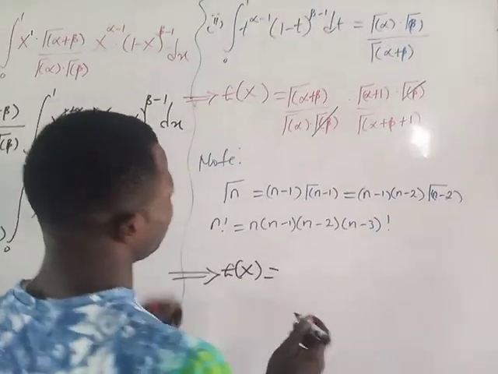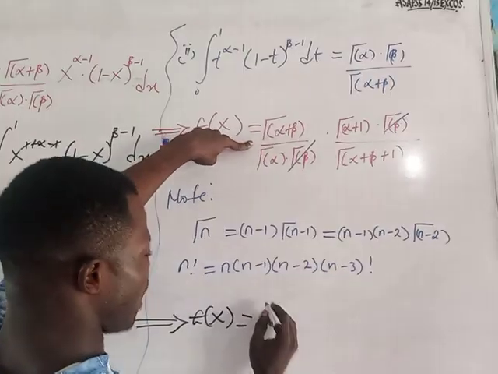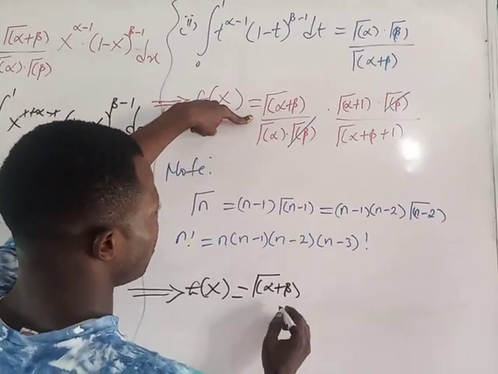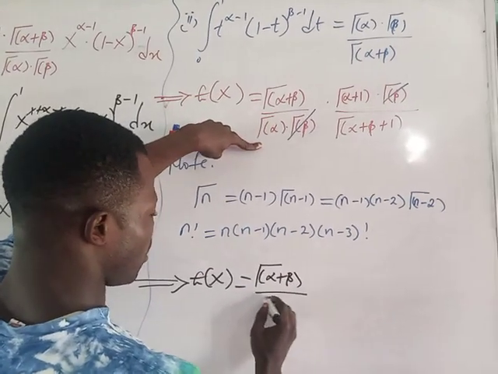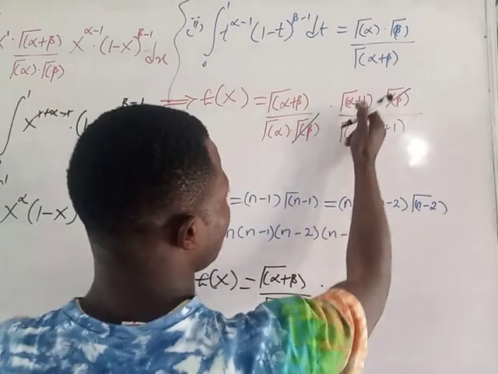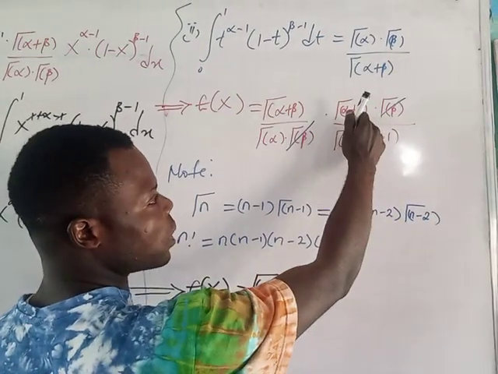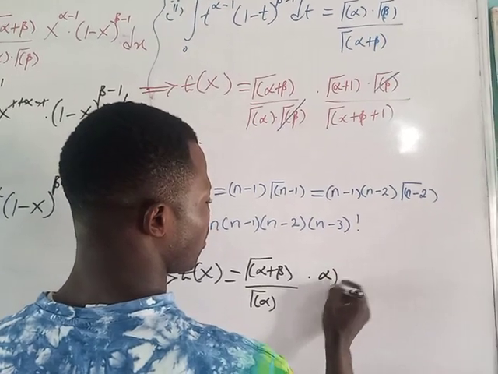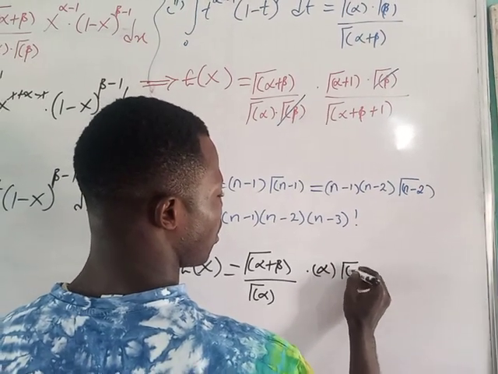we are going to have this remain as gamma alpha plus beta all over gamma alpha times, we subtract 1 from this, and when we subtract 1 from this, it's going to be alpha, then gamma alpha.